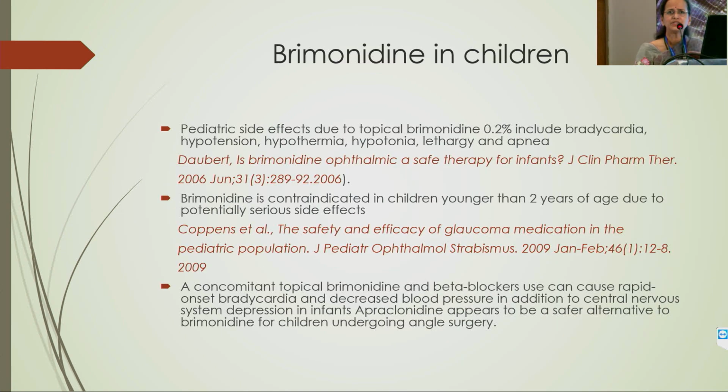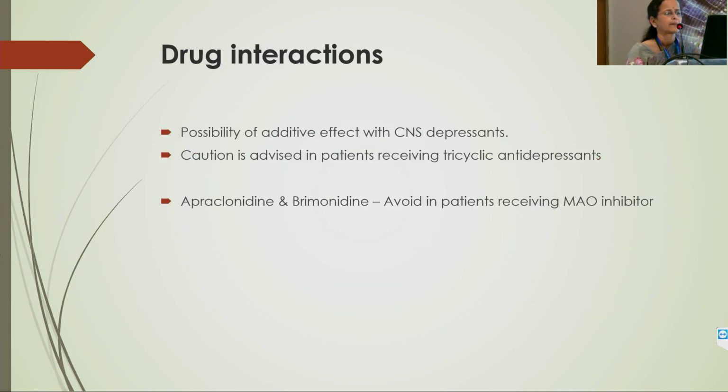Brimonidine in children, better be careful because it causes bradycardia, crosses the blood-brain barrier, and causes sedation. Combined use of brimonidine and timolol can cause a sudden decrease in heart rate, lower the blood pressure, and even cause death. So better to avoid brimonidine in children less than 6 years.